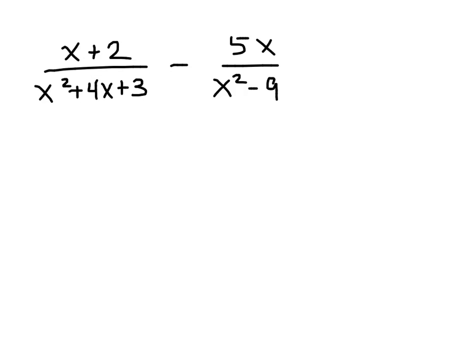What times what gives me x squared? What times what gives me 3 but adds up to be 4? 3 and 1. Now what times what gives me x squared, but then when I multiply the back groups gives me negative 9?